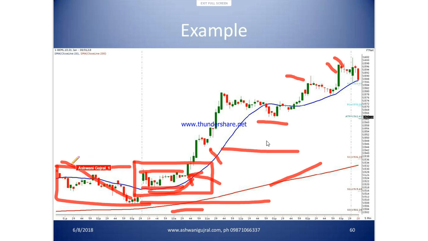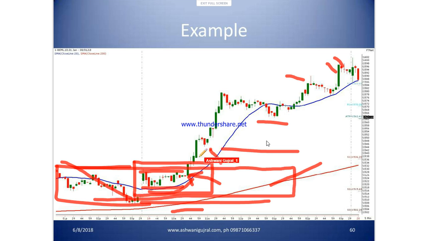So when you have this kind of a block underneath, this is strong support. And if you buy near this and the market starts to move higher, then chances are it will go. But make sure you don't have any data here, which means price should be in a narrow range before this day. The more narrow the range, the better.